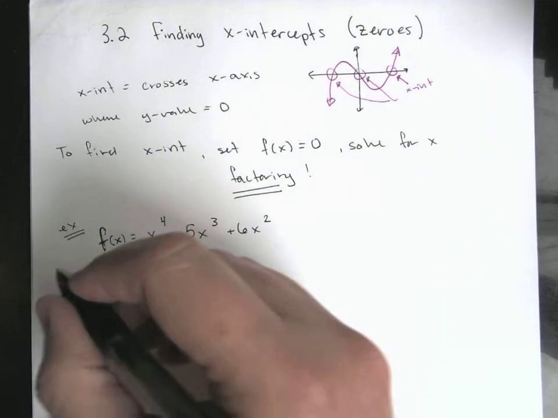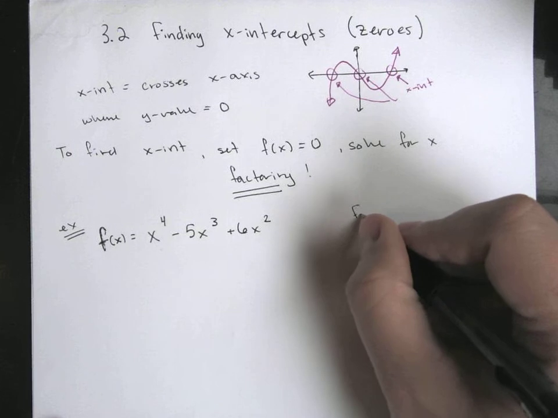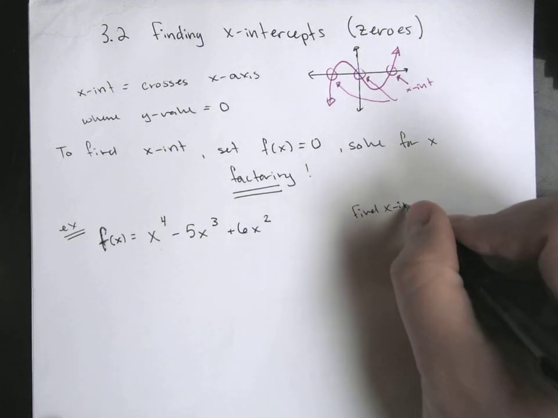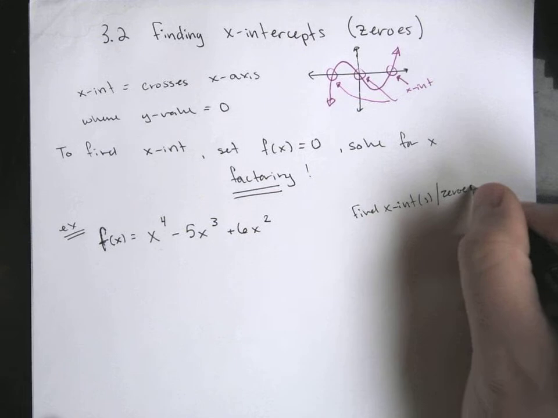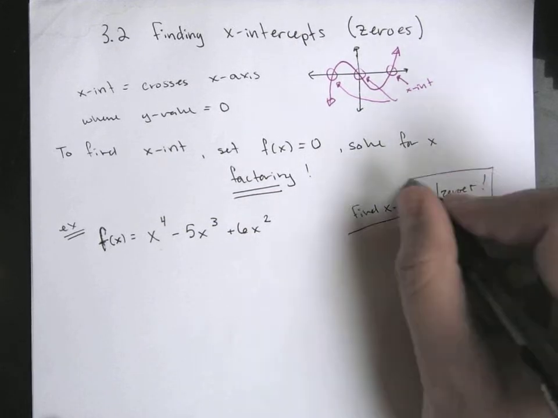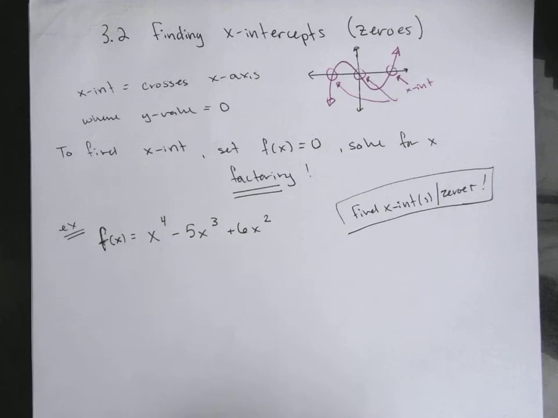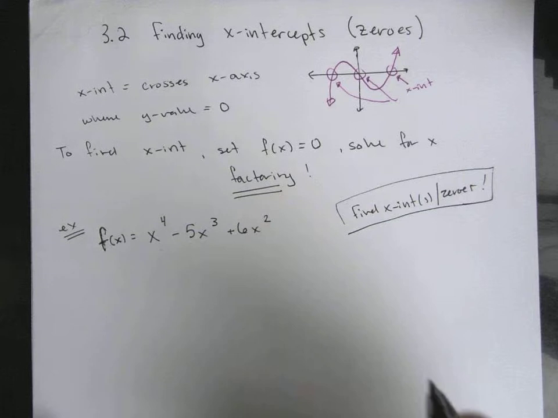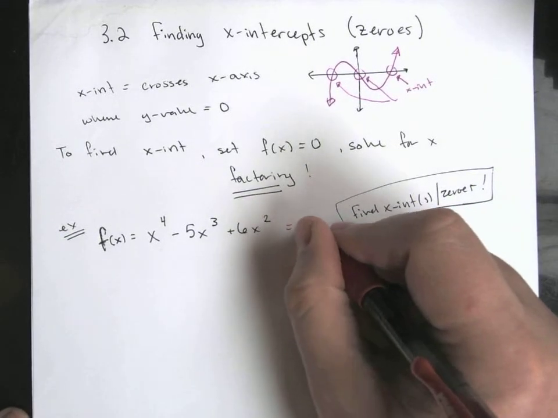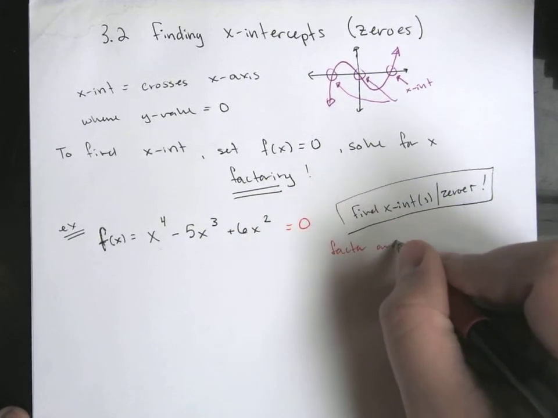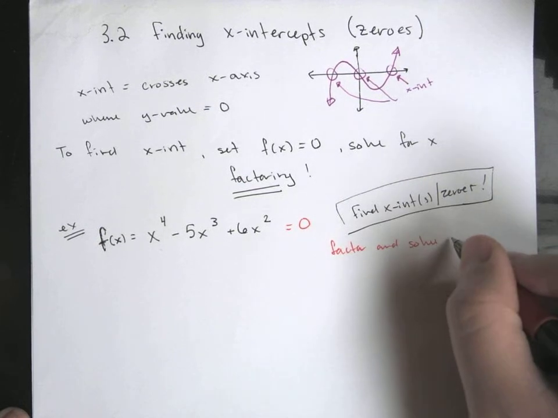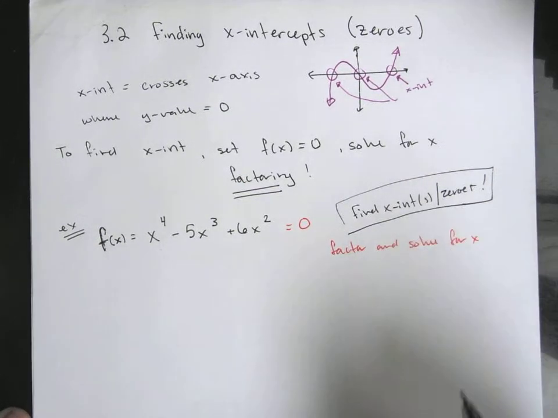So find the x-intercepts slash the zeros. That's our goal. So the setup here is set it equal to 0, factor, and solve for the x.